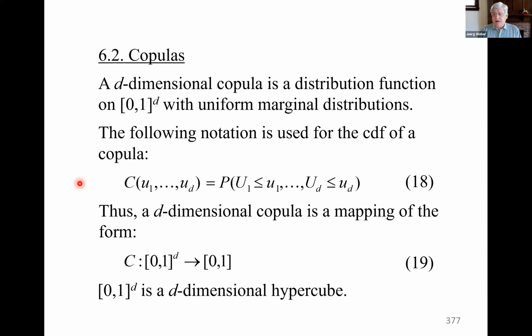But I begin here with the CDF, the cumulative distribution function of the copula. So you have here a distribution function. Those are the critical values here. So you use this notation here for the copula. This C here stands for the F. So I have here the distribution function. That's a cumulative distribution function.